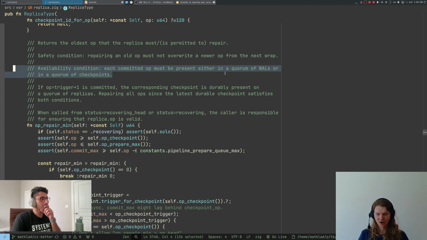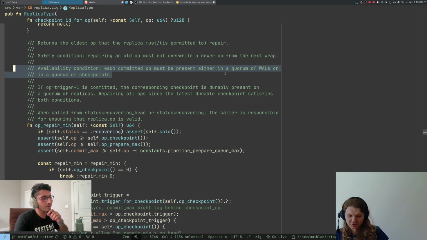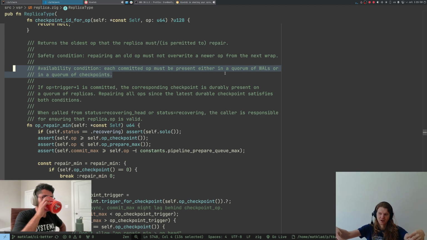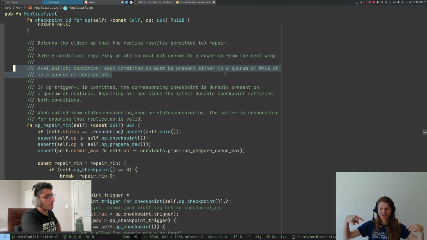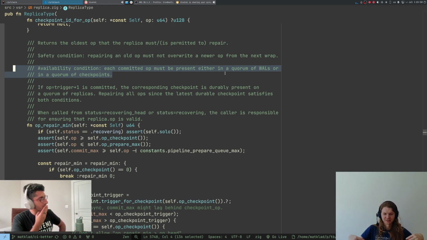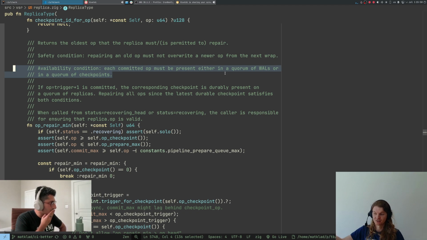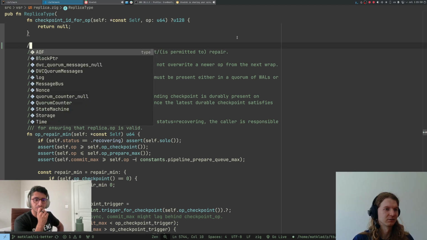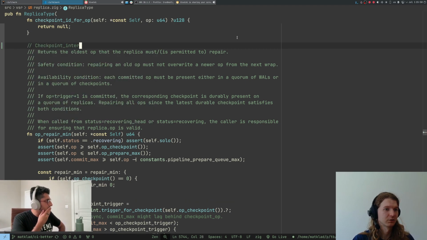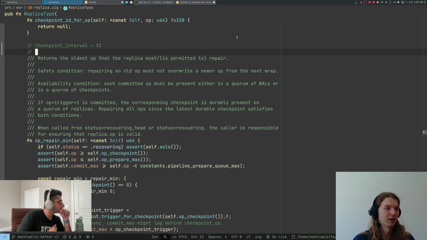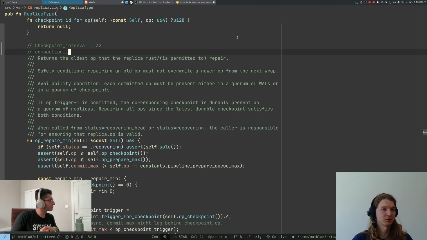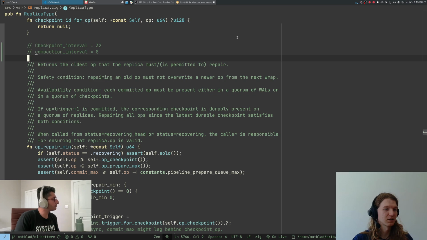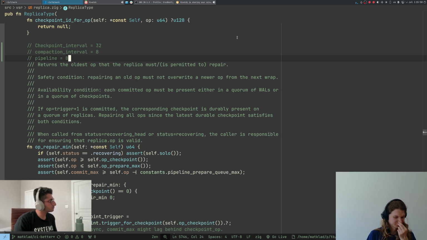Yeah, because all replicas execute the same code, and all replicas have the same prepare max. So let's run some numbers here. Let's say that our checkpoint interval is 32, our compaction interval is 8, and our pipeline is also 8.